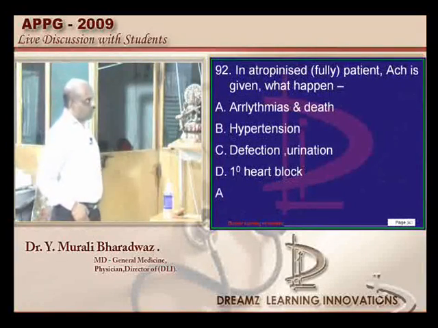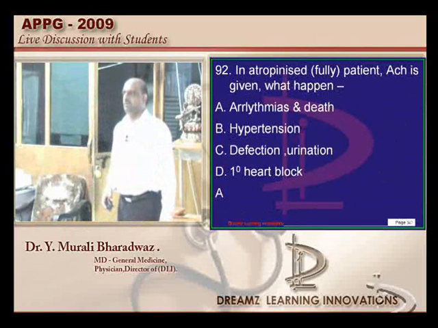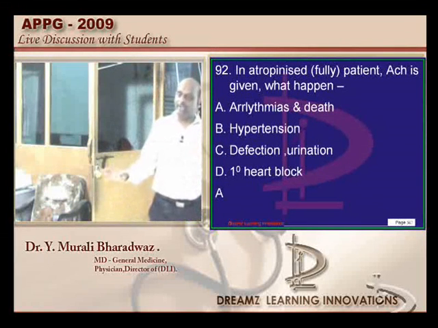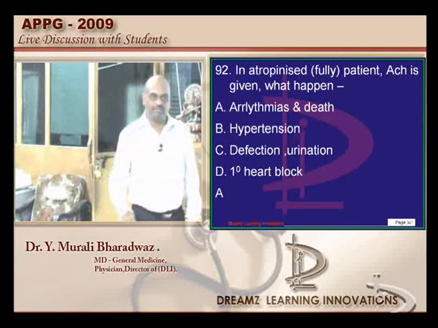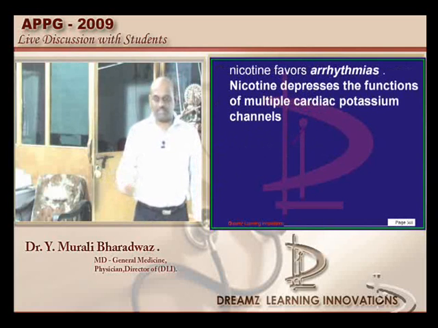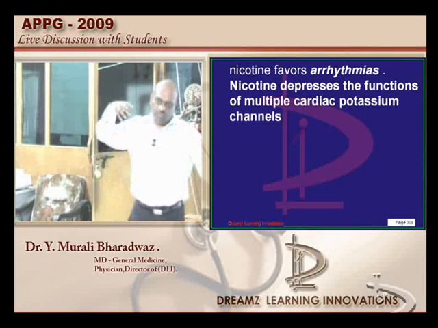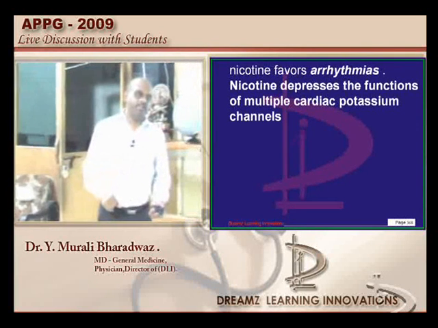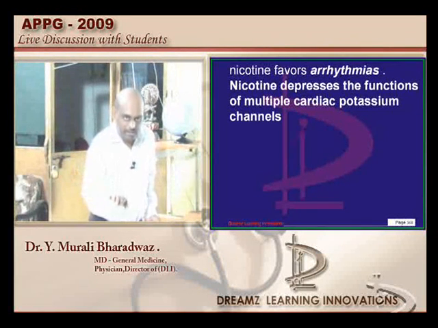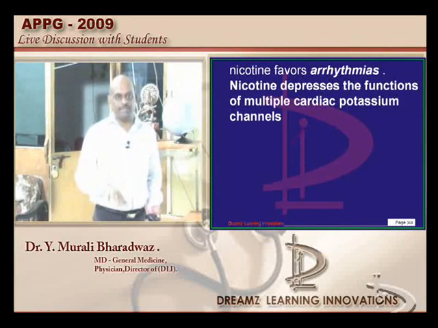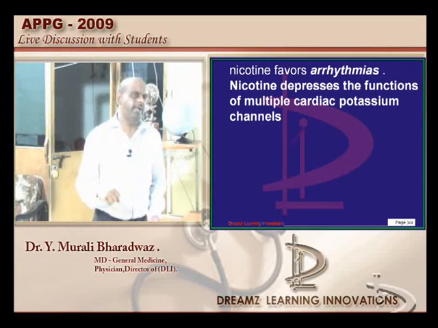Now if the patient is fully atropinized, what becomes blocked in the body? Muscarinic or nicotinic? Muscarinic receptors. But nicotinic are still intact. So if you give acetylcholine, what will acetylcholine then do? It will go and attach to the nicotinic receptors. So what is the influence of nicotinic hyperstimulation in the body?